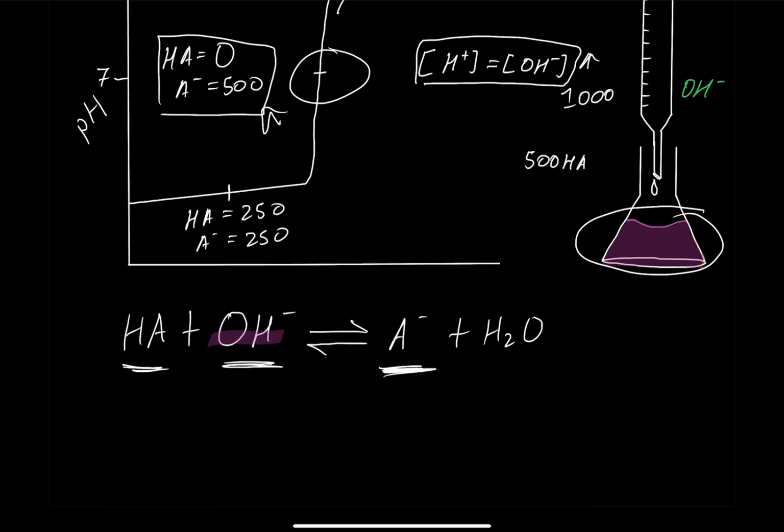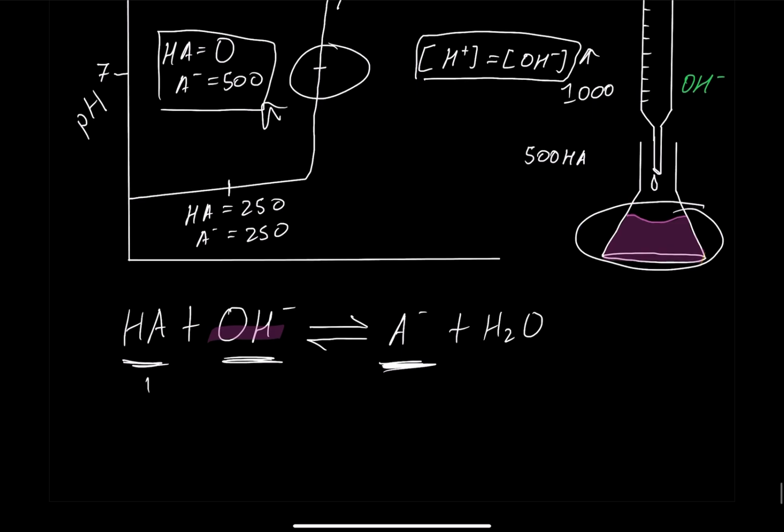So I think that makes sense. If only half of it has been neutralized, it means that we have half the amount of HA left, but we've also generated 250 because half of this has been neutralized. Half of that is 250. That means we have 250 A minus.